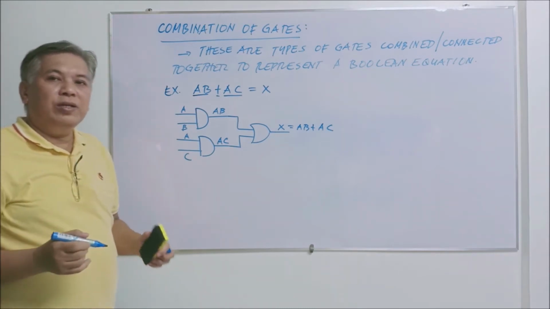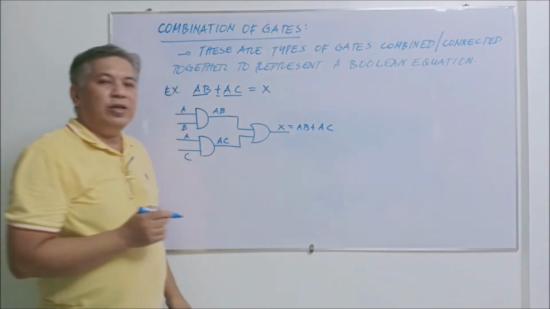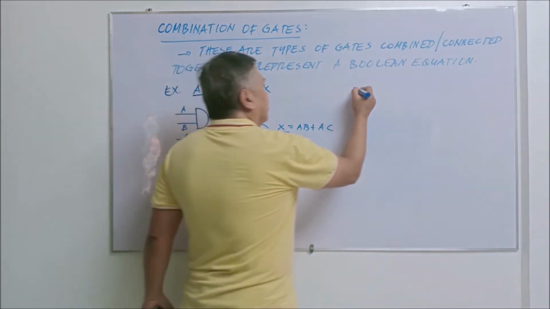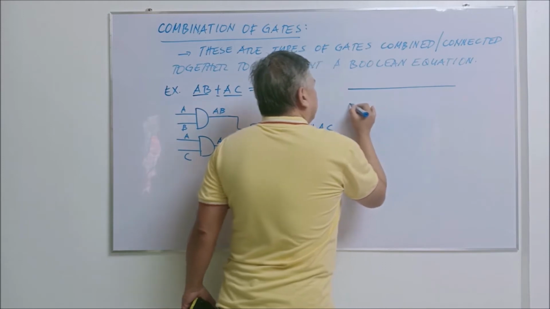So how do we obtain the truth table for this particular logic circuit? Here we have the truth table.